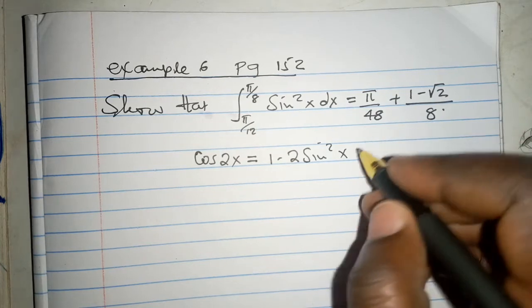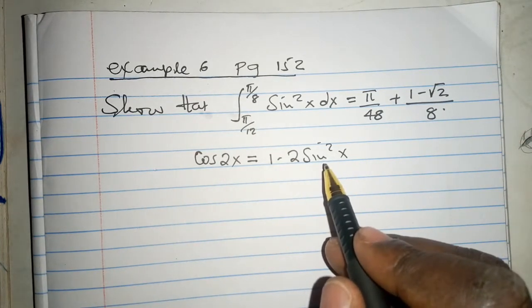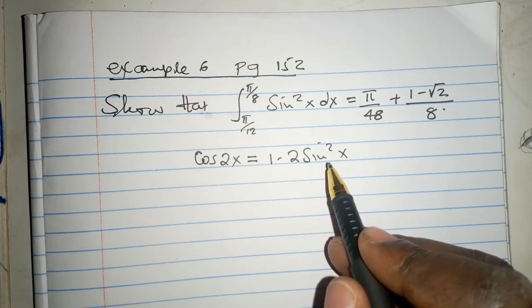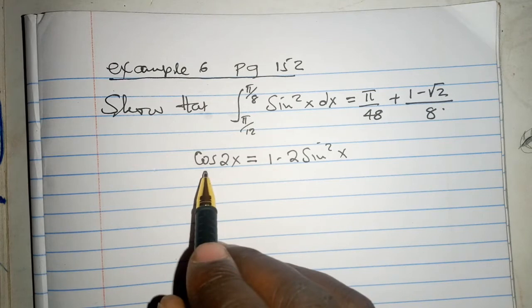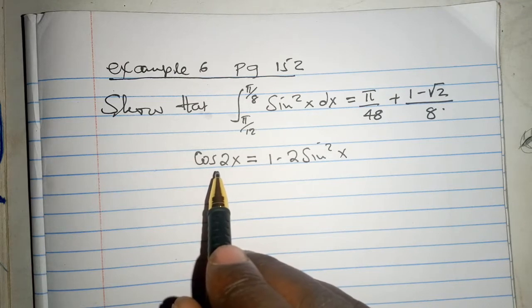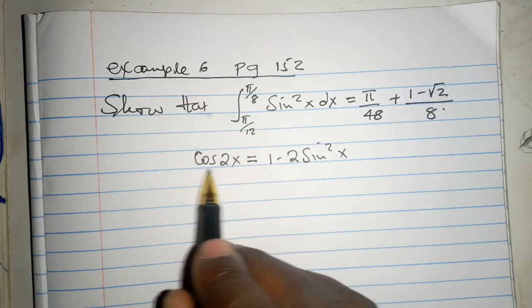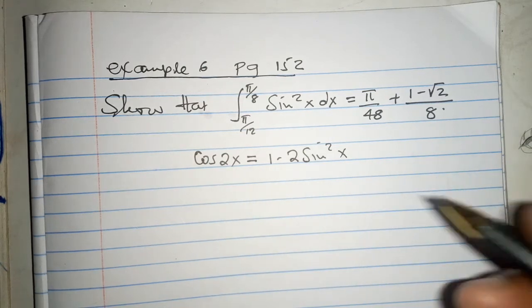From this one, we can make sine squared x the subject of the formula. The reason we have brought up this identity is because it is easy to get the integral of the cosine of 2x.